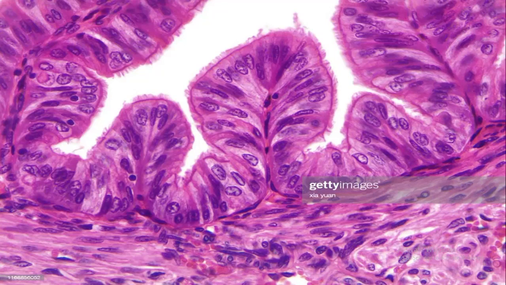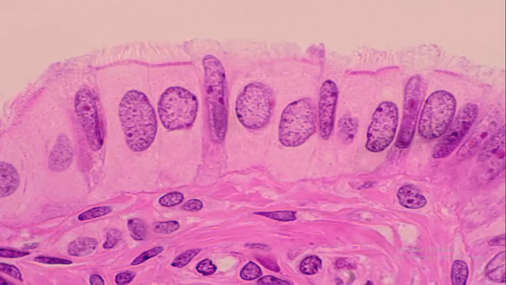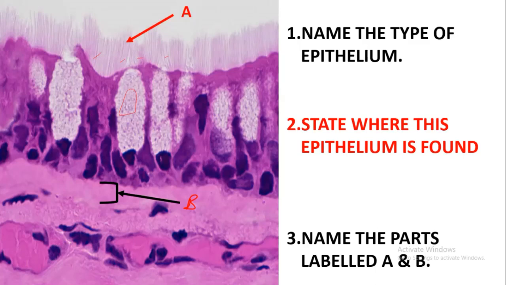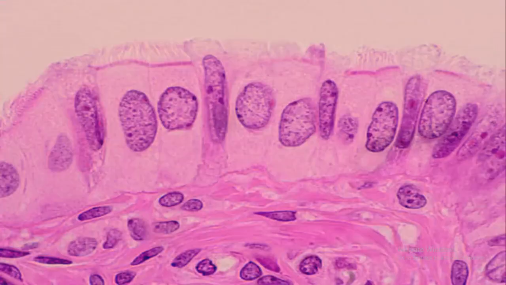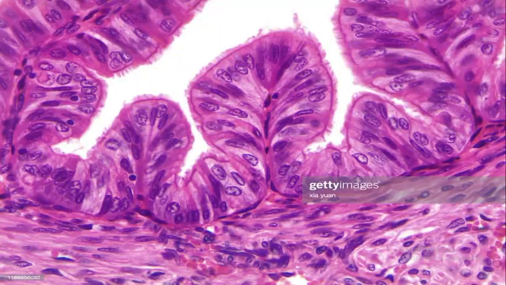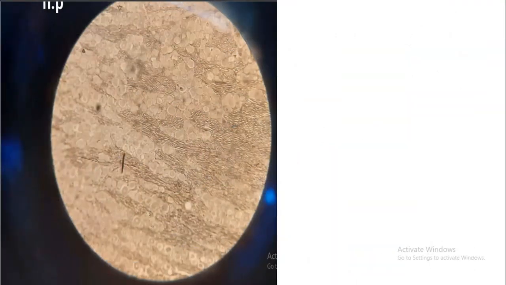So this is a simple columnar epithelium, and you should be able to know where it is found. These are some of the diagrams that you'll be exposed to and which you have not even viewed during your lab. So these are some of the diagrams that you need to take note of, and also make sure that you handle that question which I have posed there. Please comment in the comment section, because this is how your exam is set.